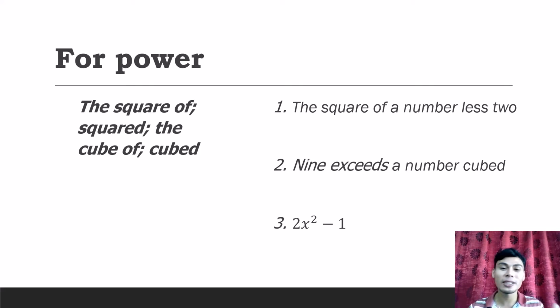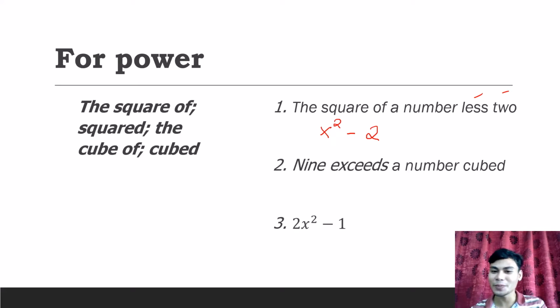Any variable will do, but we're used to using x. So, the square of a number, but there's a continuation, guys. Less 2. If less, it's just subtraction. So, minus 2. And that's it. This is just the algebraic expression that we need. Very basic.